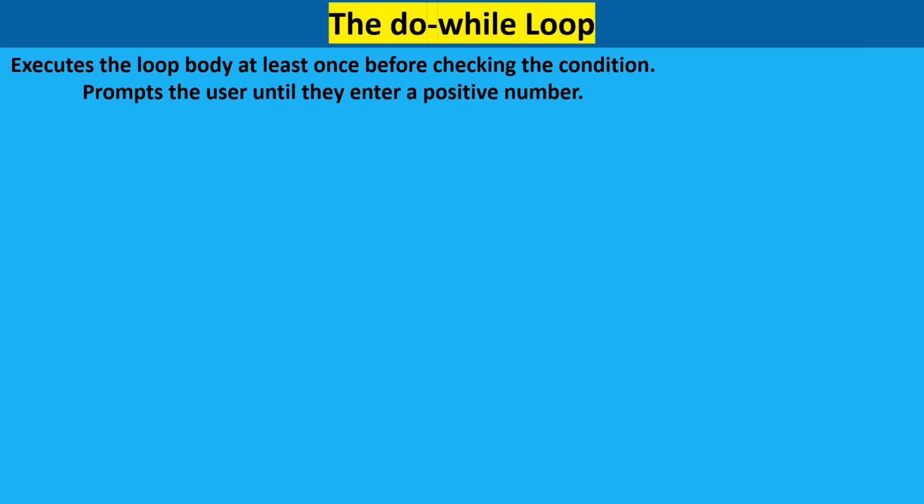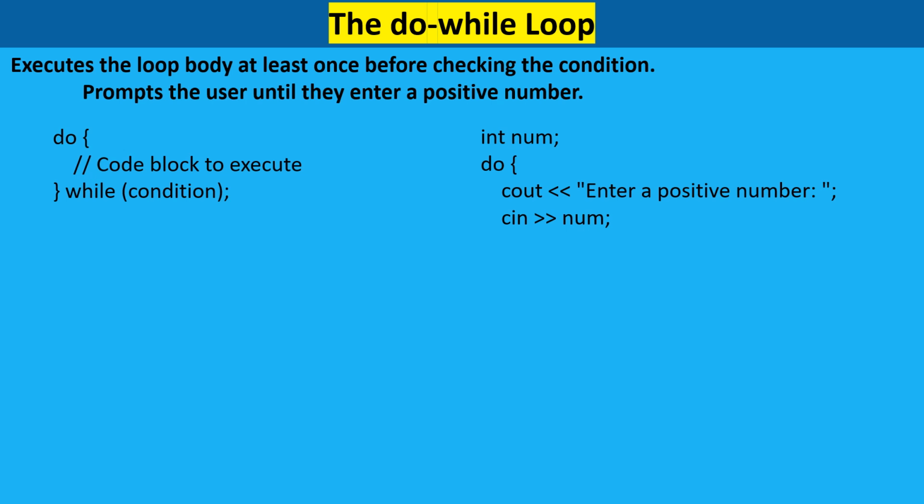The do while loop guarantees that the code executes at least once, even if the condition is initially false. Do, code block to execute, and while condition. Then int num, do while, enter a positive number, and cin num.